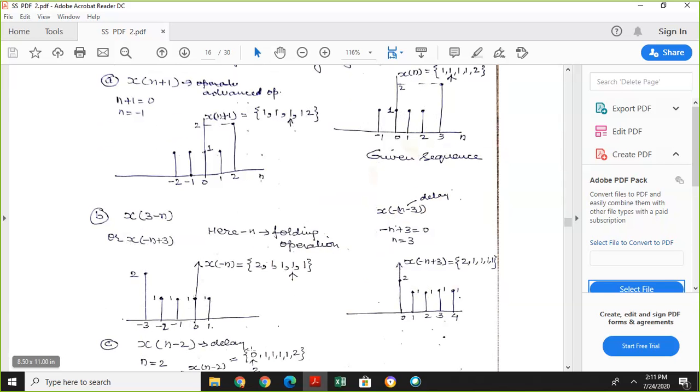You get x of minus n, and the arrow is indicated in this position. Clear? And this is shifted by 3 samples. Minus n plus 3 is equal to 0, so n is 3. It means that this signal is shifted by 3 units towards the right.